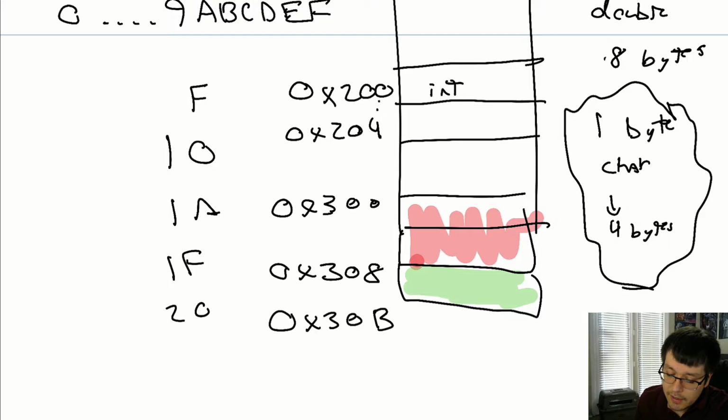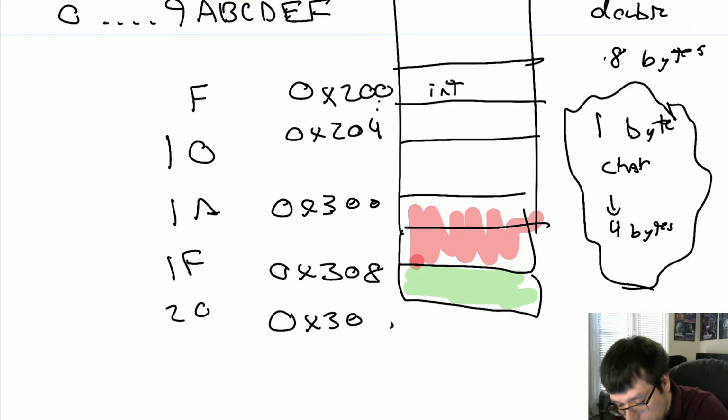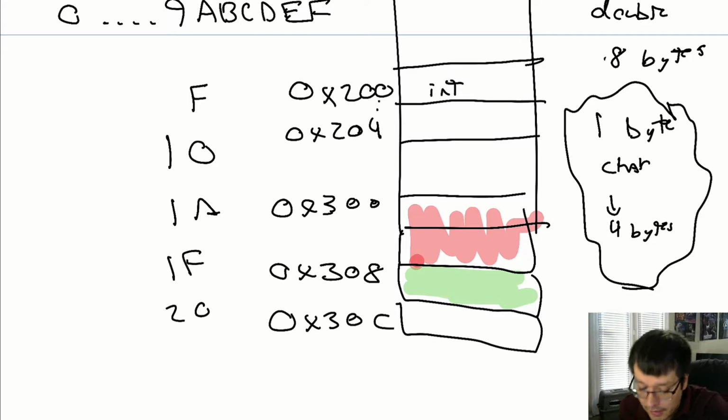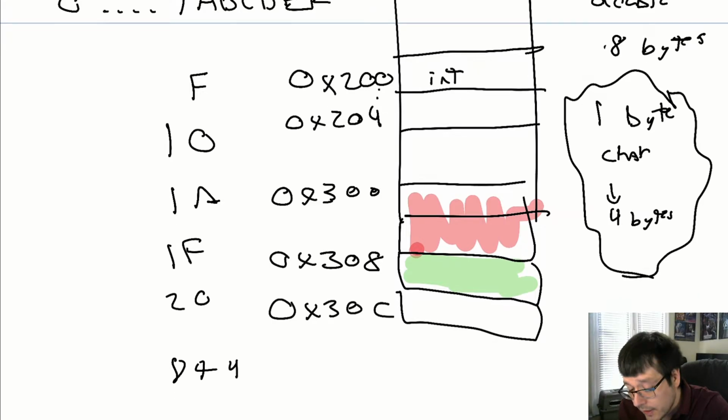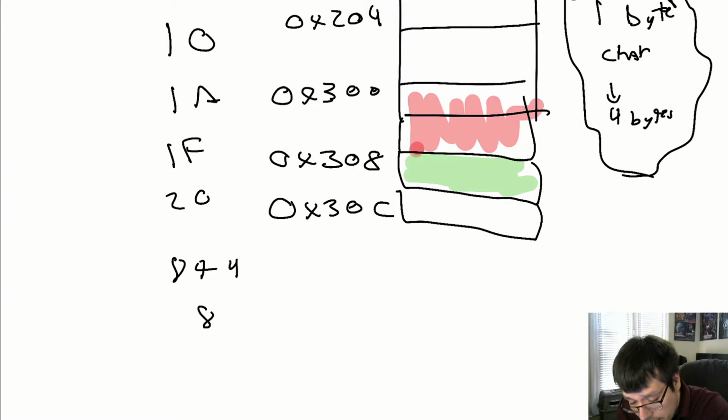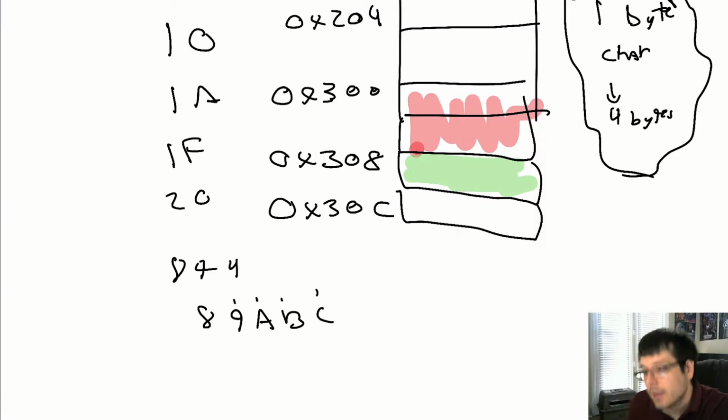It'll be 9, A, B, C. Not B. I have to do 4. So 8 plus 4 in hex is 8, 9, A, B, and C, which would be like 9, 10, 11, 12. So yeah, 12. That's what gets you sometimes. You have to remember how to do this math.